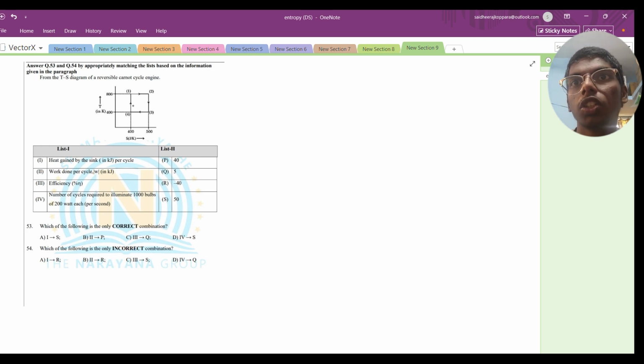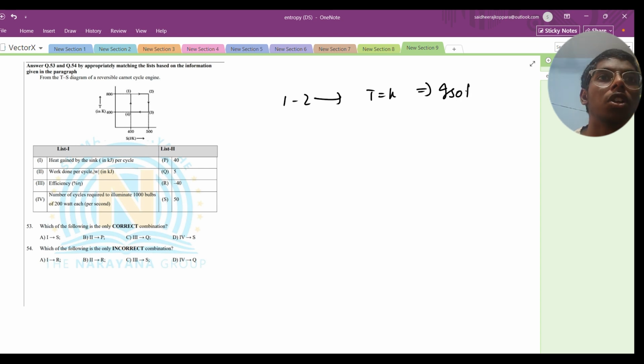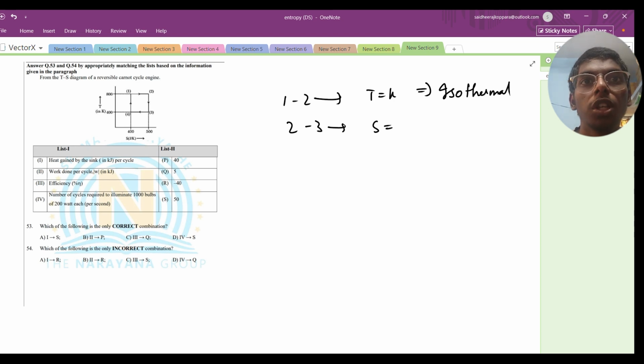Okay, so here, while solving this question, see, from 1 to 2, the temperature is constant, right? If temperature is constant, then it's isothermal. From 2 to 3, entropy is constant, so it's adiabatic.